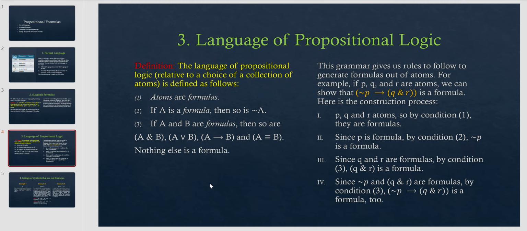And since P is a formula, by condition 2, not P is a formula too. Since Q and R are formulas, by condition 3, Q and R is a formula. Since not P and Q and R are formulas, by condition 3, if not P, then Q and R is a formula too.